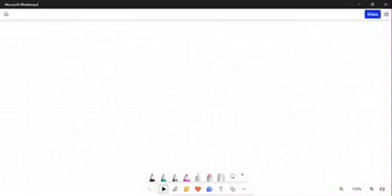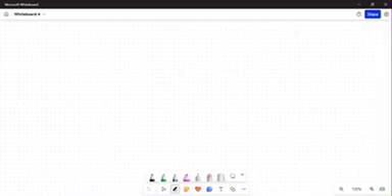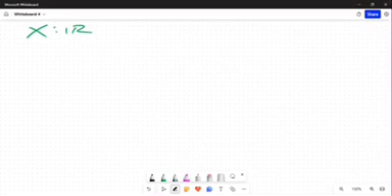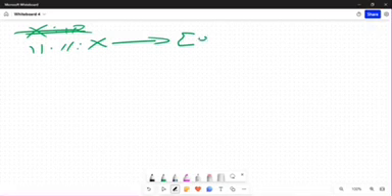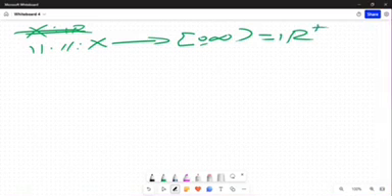Okay, so as I said, your norm, which is a function from X, which is a vector space, has as its range zero to infinity, which some authors may call R plus.